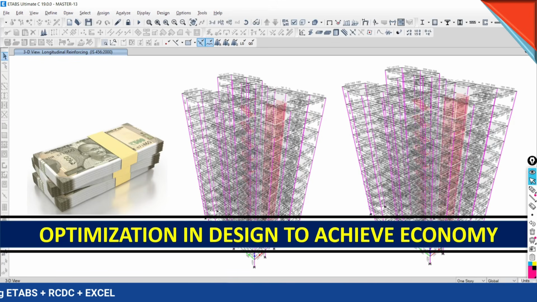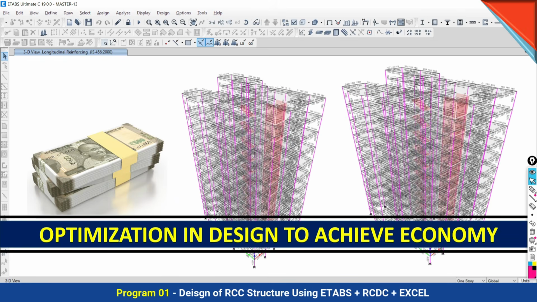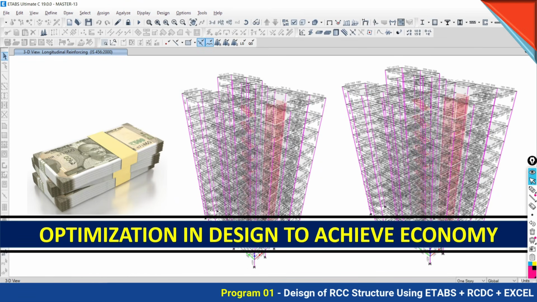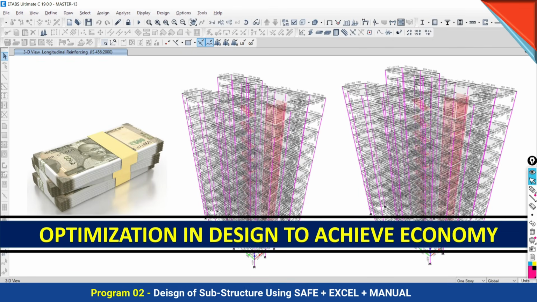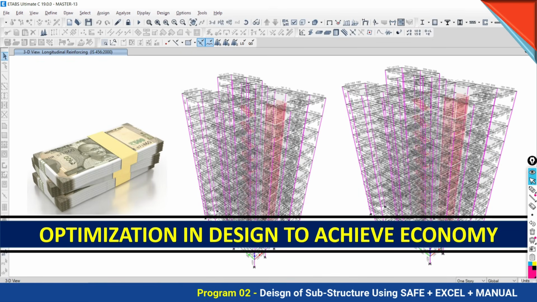Now, your responsibility as a structural engineer is not to do the design only. Your responsibility is to do optimization in design. Suppose you are all going to deal with one project, and after the design your demand for reinforcement is 1000 ton, and I am going to deal with the same project, and my demand for steel is 850 ton.